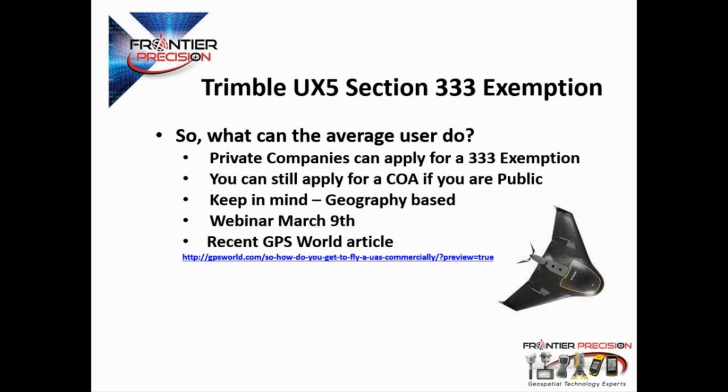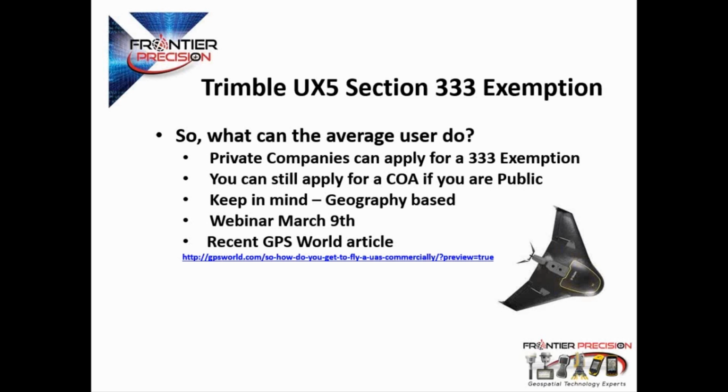Again, that COA is required when you apply for that 333 exemption. You need to describe the area that you want to fly and what you're going to use it for. If you are a public agency, a city, county, state, or federal agency, you can apply for a COA without the exemption. Again, keep in mind that it's very much based on geography.